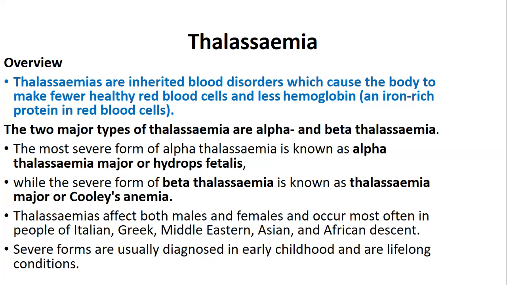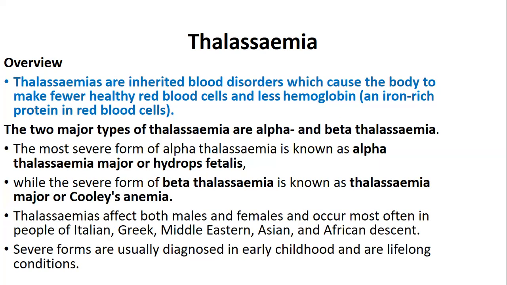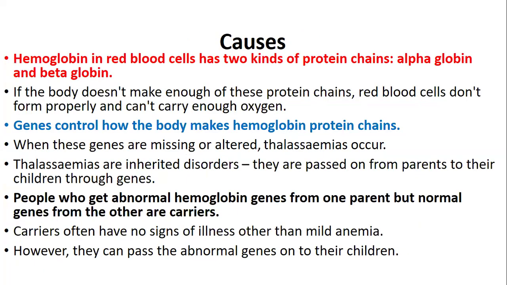Whichever chain is affected is what is referred to as either alpha or beta thalassemia. The most severe form of alpha thalassemia is known as hydrops fetalis, and the most severe form of beta thalassemia is known as Cooley's anemia. So these are the two types that result from the chain that is affected.